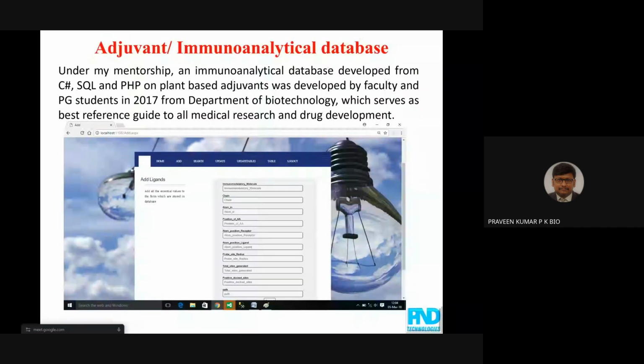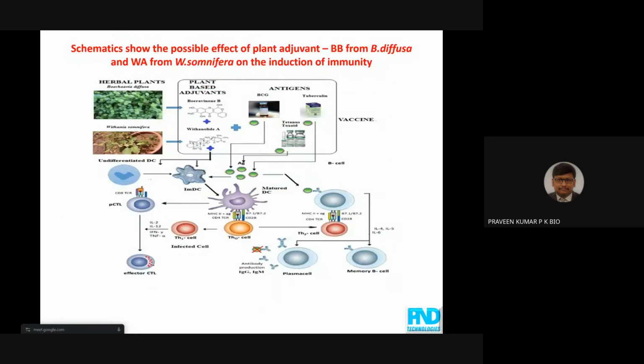This is the database we have developed at Stephen Venkateshwara College of Engineering. It can be used to predict a plant-based adjuvant for a specific type of disease. If you select a disease, it tells you the best plant adjuvant; if you select another disease, it gives you a different plant-based adjuvant.